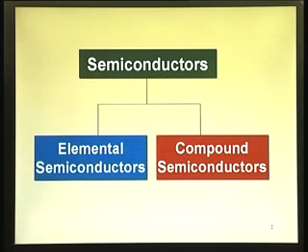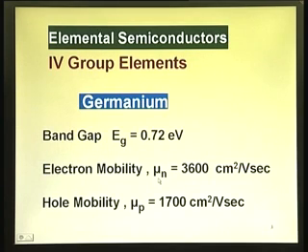So, just see here, this slide straight away shows you that semiconductors can be classified as elemental semiconductors and compound semiconductors. One is the elemental semiconductor, with which all of us are familiar.